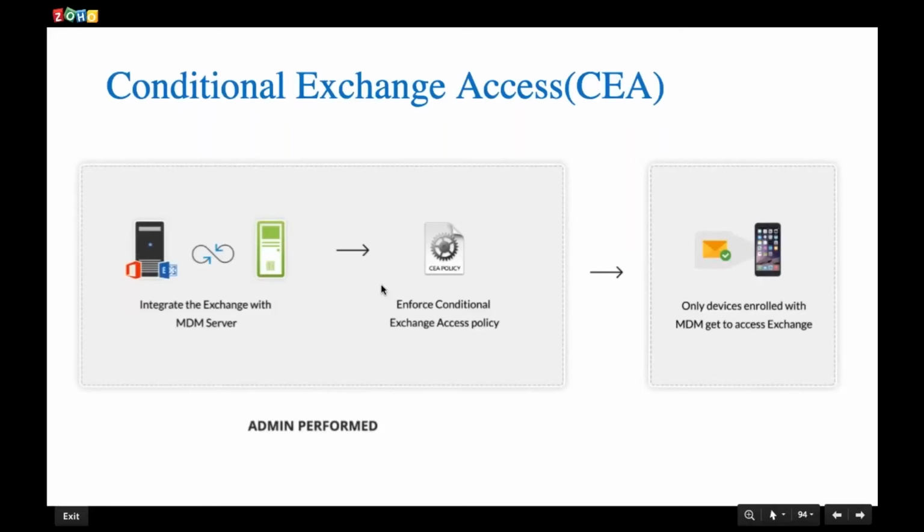So how does conditional Exchange access work? Here, firstly, we will be integrating our Exchange server with the MDM server. Then we will enforce a conditional Exchange policy on this server to ensure that only the managed MDM devices get access to Exchange. So let me show you how we can perform these steps on our console.